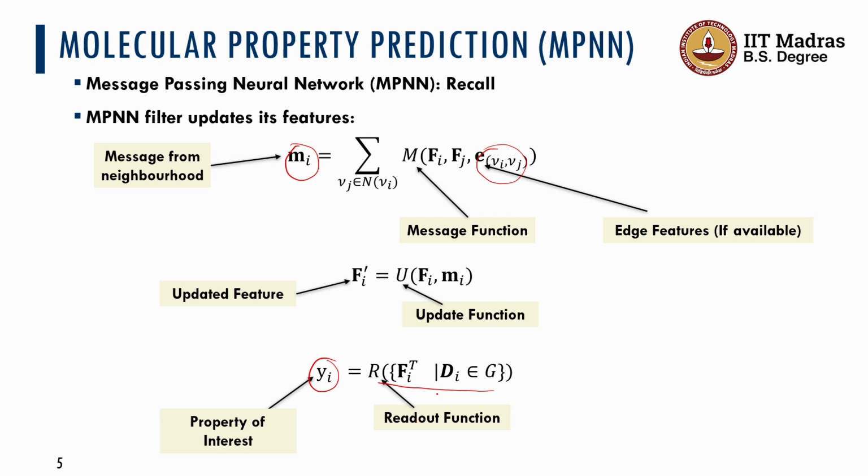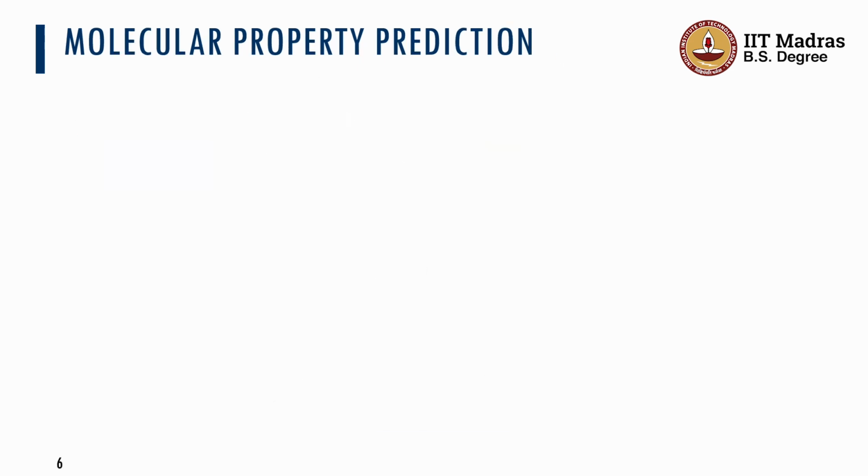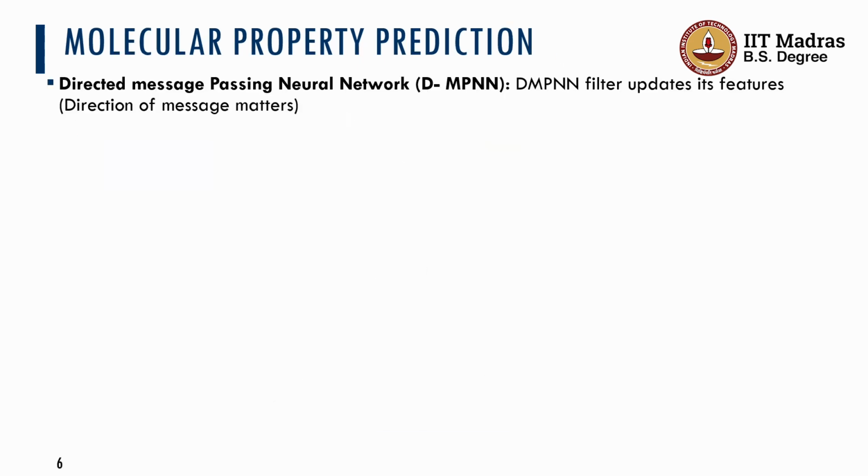Now, if you look at it here, the edge features have not been used actively. And people have shown that edge features can be useful. In fact, instead of using message passing between nodes, can we do it with the edges would be a better option.